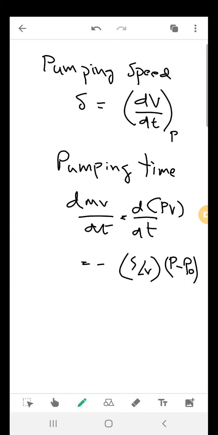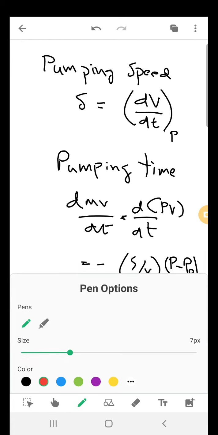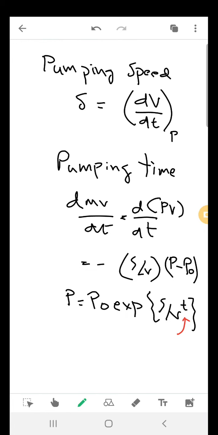So ultimately we get the expression P is equal to P0 exponential of minus S by V into t, the expression of pressure, where t is the pumping time.